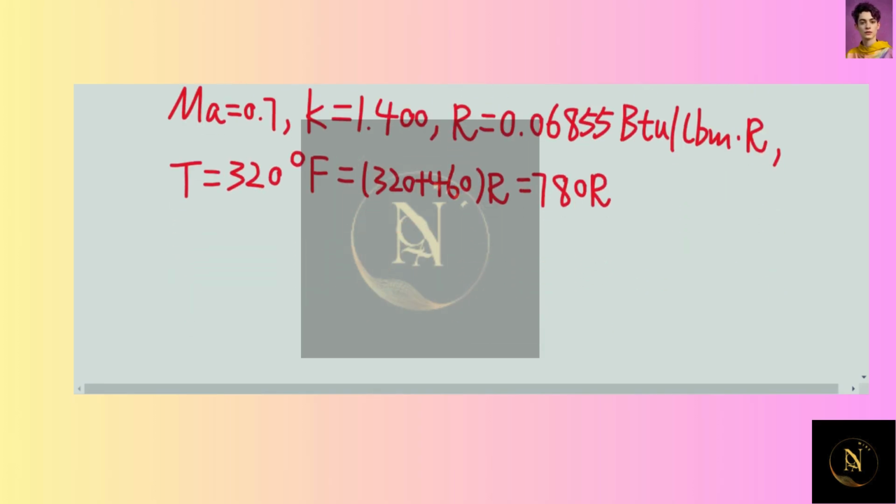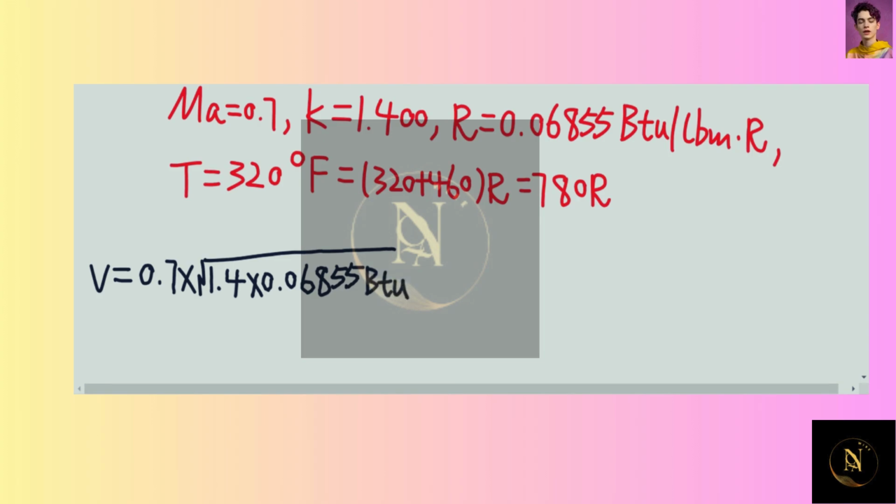So the velocity is equal to 0.7 times the square root of 1.4 times 0.06855 British thermal units per pound mass times Rankine, and then times 780 Rankine.